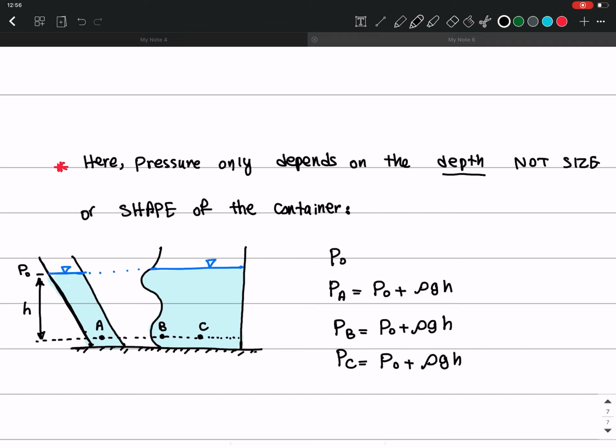And P0 is the P at the free surface, which is the reference atmospheric pressure.